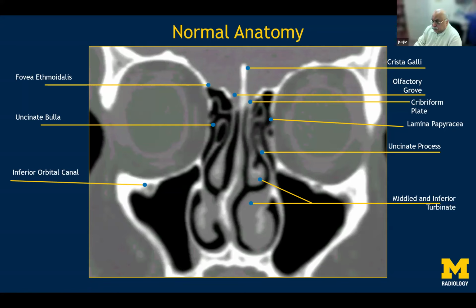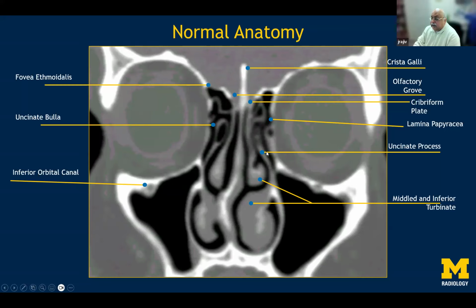And on the other side, you can see that this is the uncinate process here. And this uncinate process is actually a perpendicular piece of bone coming from the ethmoid sinus. But the plane between the uncinate process and the medial wall of the maxillary sinus fits in like a Lego piece. So you just can't separate the two out with the resolution which we have on CT scans.